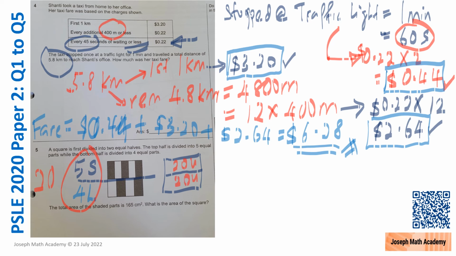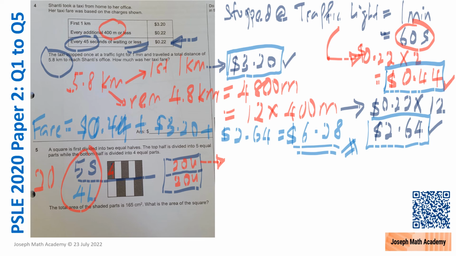Okay, so let's do the upper half first. The 20 units here is made up of 3 shaded, 2 unshaded. Each small rectangle is no longer one piece, but is times 4. So it's 4 here, 4. Okay, let me change color.